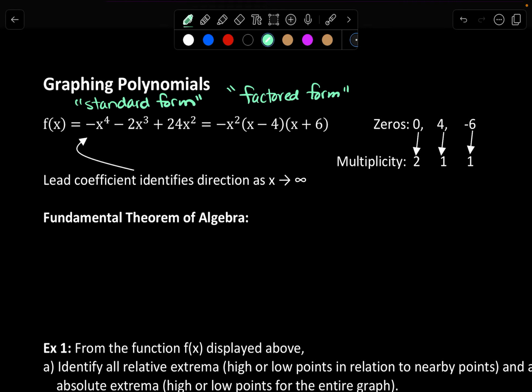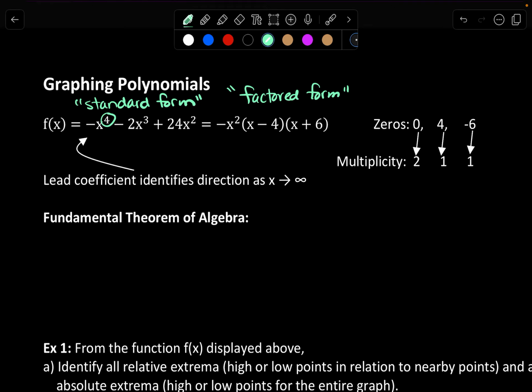this polynomial. So in graphing polynomials, we use the leading coefficient, which identifies the direction that the right side of the graph is going. And then the degree of the polynomial will tell us if both ends agree or not.